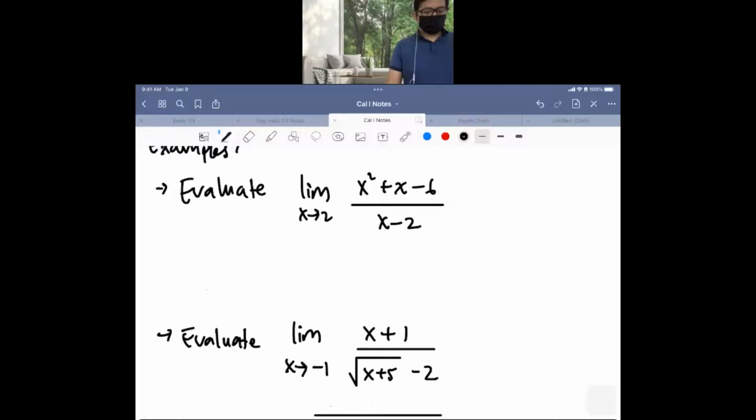It's x squared plus x minus 6 over x minus 2. I think for the first one you need to factor.